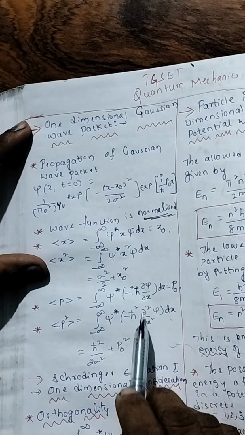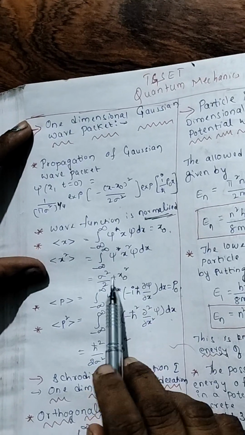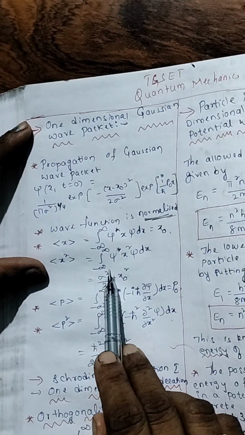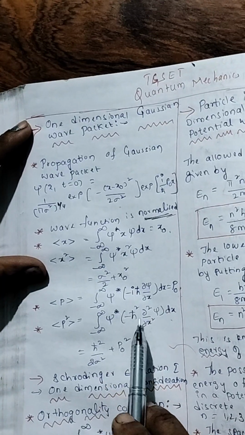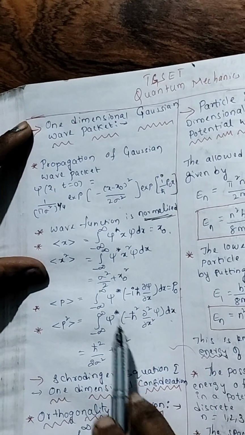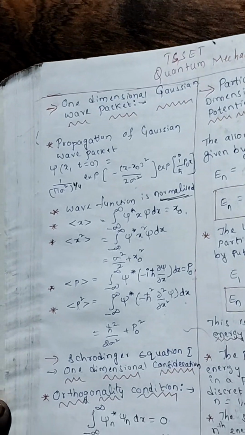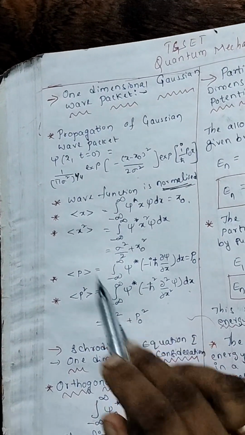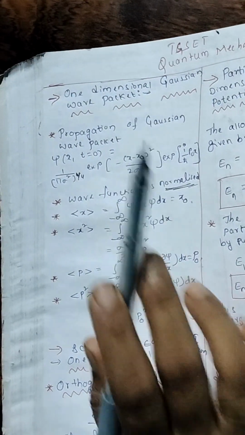For p square, it is minus h cut square dou square by dou x square. And see the values: here you got sigma square by 2 plus x naught square; here you are getting h cut square by 2 sigma square plus p naught square. These are the particular formulas for the expectation values related to the propagation of a Gaussian wave packet.